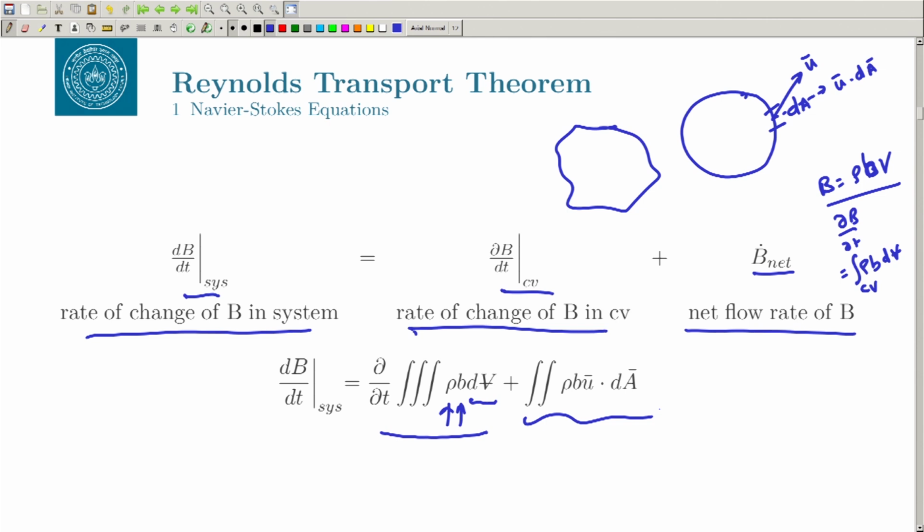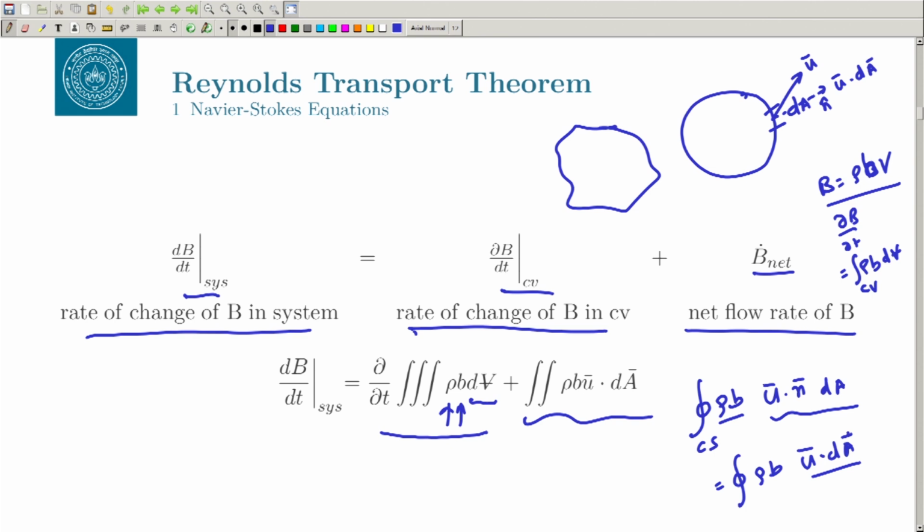Some fluxes will go in and some fluxes will go out, but if you take the normal here, if this is the way the normal n is defined, you can just write u dot n, multiply by whatever quantity you have, rho b, and then dA. This is through the control surface, and this can be written as u dot dA, where dA is basically the area normal. So, the normal is taken care of here. So, rho b u dot dA.